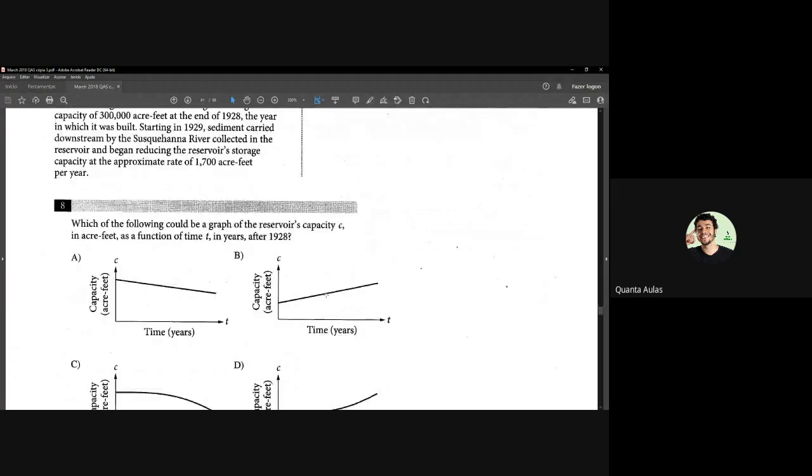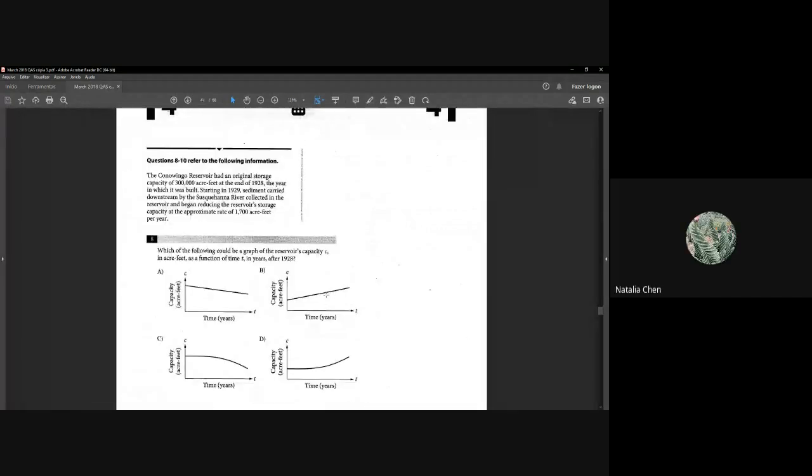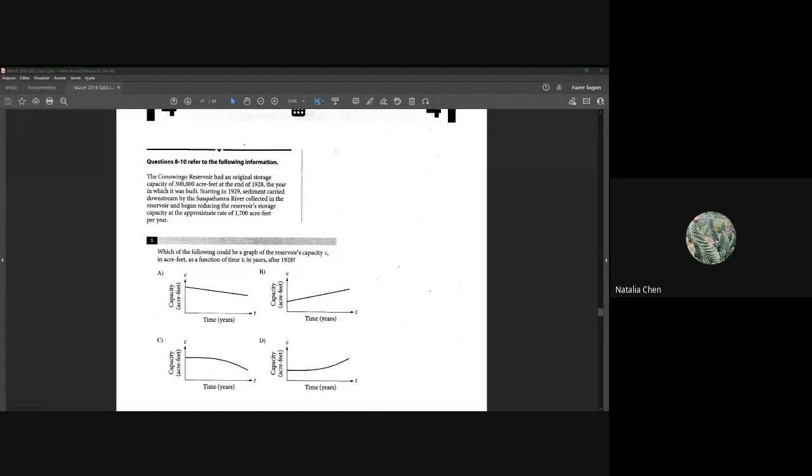Ah, essas questões gigantossáuricas. Tá bom. The Conowingo Reservoir had an original storage capacity of 300,000 acre-feet at the end of 1928, the year in which it was built.